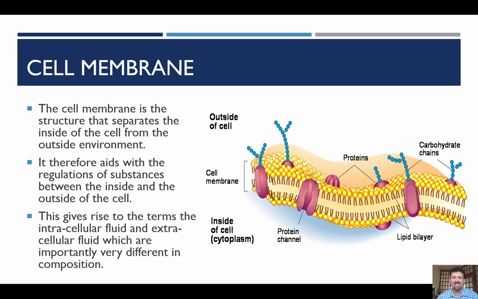So let's begin with the cell membrane. Now, the cell membrane is a structure that separates the inside of the cell from the outside of the cell. If you were to think of a house, the equivalent structure in a house is the wall. So if you imagine the cell as a house, the cell membrane represents the walls. And the walls serve several functions.